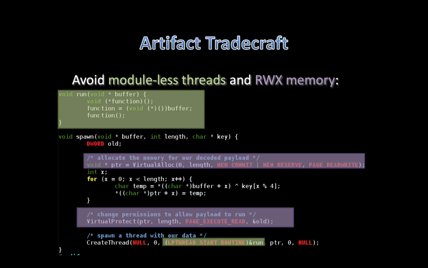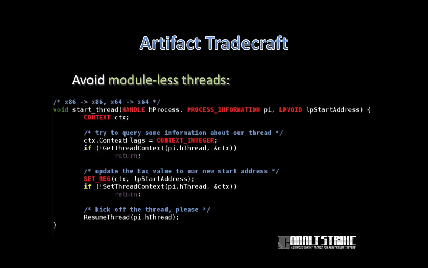That function takes its argument, which is the pointer to my beacon reflective DLL package, and casts that to a function pointer and calls it. And so that's just me taking care to avoid creating a thread that is not affiliated with a module on disk.